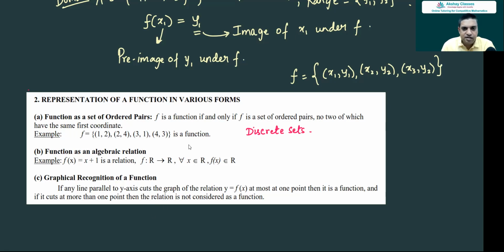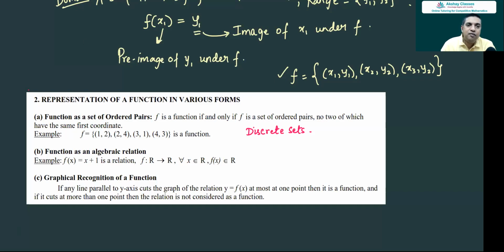But for continuous sets, that means your domain is a continuous set of real numbers, like your domain is 0 to 10, the set of all real numbers between 0 and 10, you cannot keep writing how many numbers there are between 0 and 10. Infinite number of real numbers, and it is impossible to represent using this set form. So that is why there is an algebraic relation form.